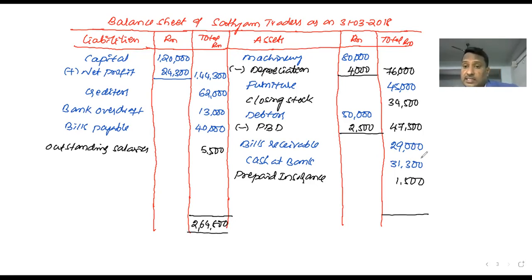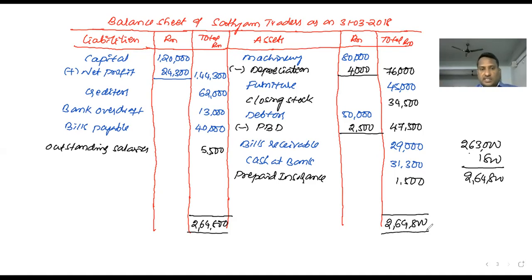Let's total the asset side now. 76, 81, 121, 151, 155, 162, 202, 231, 262, 263, which means 2,63,000. Hundreds: 55, 500, 500, 15, 18. So 2,64,800 is the total amount of the asset side also.